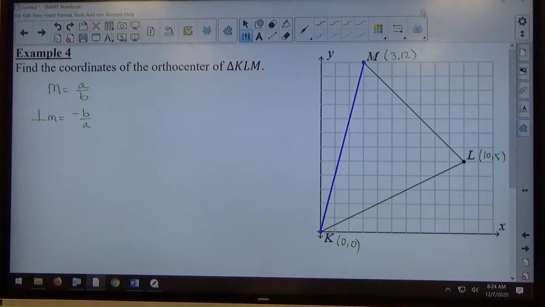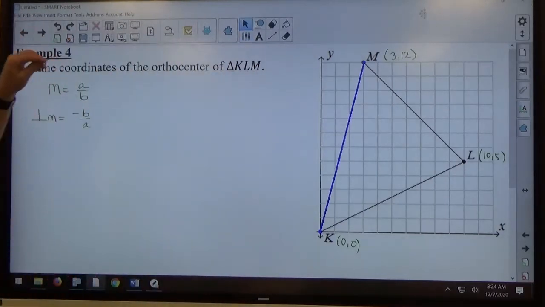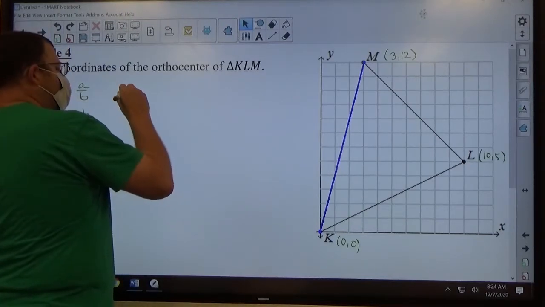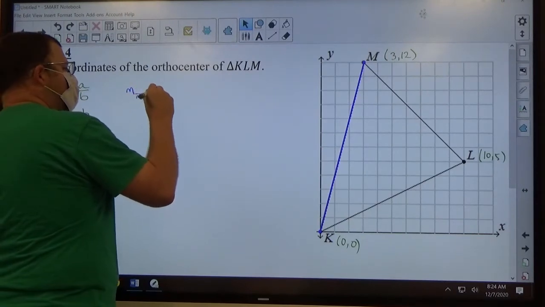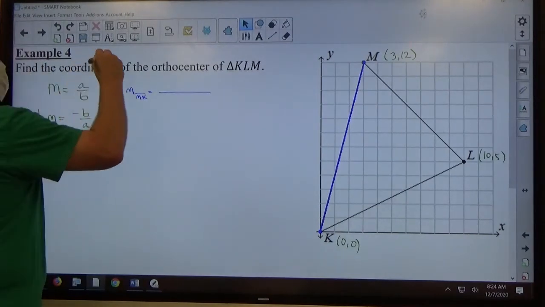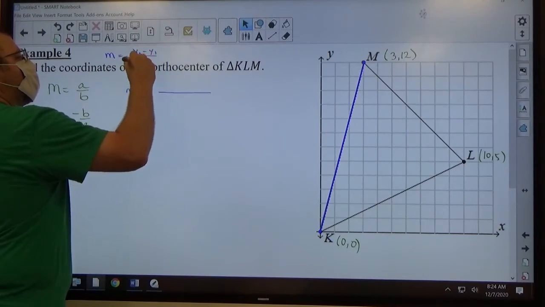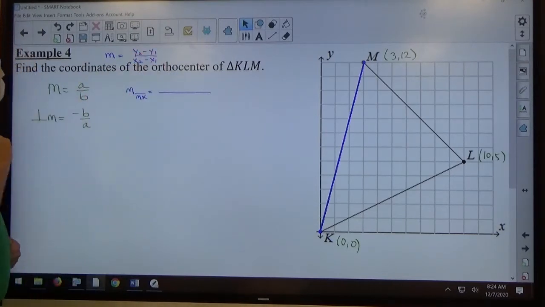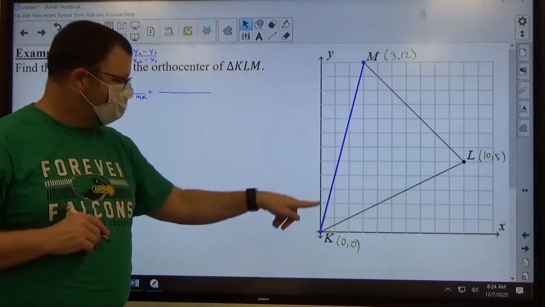I'm looking at line MK, this blue line that I've identified here. I want to find the slope of that segment, and I'm simply going to use the slope formula: second y minus first y over second x minus first x. It doesn't matter which one's first or second, so I'm going to say point M is the second point and point K is the first point.